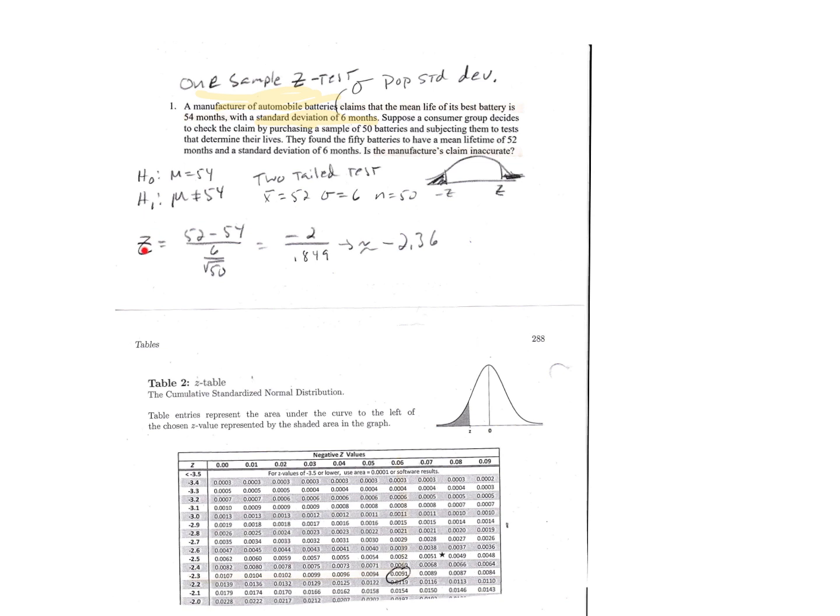So we're going to run a z-test. So this is a z-statistic. There's the sample mean. You know what I should have written here? I should have written that x bar is 52. And of course, we know the population standard deviation is 6, and we know the sample size was 50.